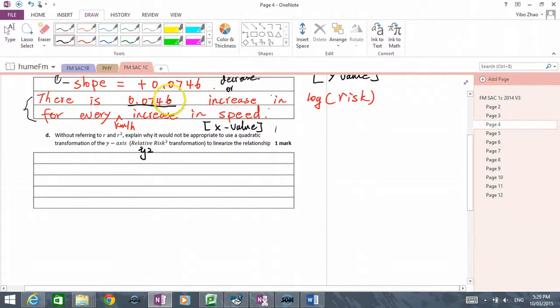So, without using r and r square values, you need to explain it in this way.